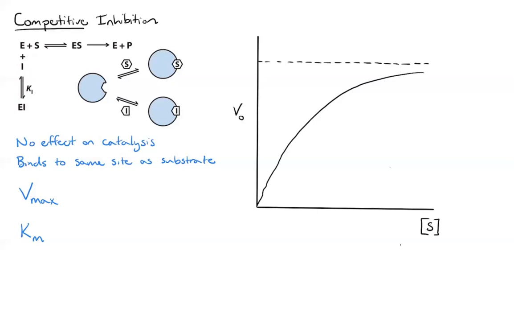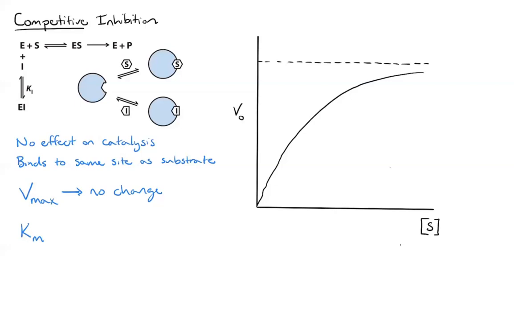And if that happens, if the amount of inhibitor essentially becomes negligible, then this process is going to happen with no change, and you're essentially going to get back to the same level of function that you had before. So what that means for us is that the maximum possible velocity that you can get to here is not going to change. Because if you add enough substrate, you're going to be able to outcompete your inhibitor and eventually we'll reach that same high functioning level that we're seeing in the original graph.